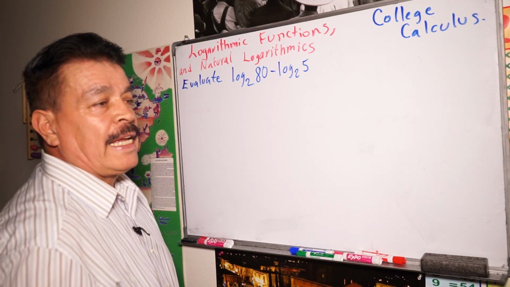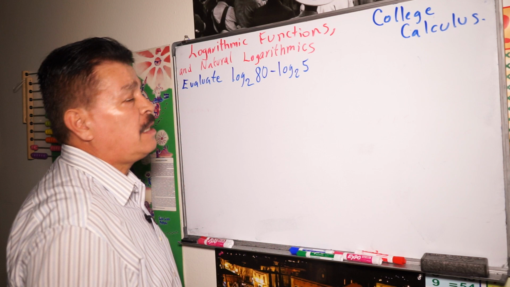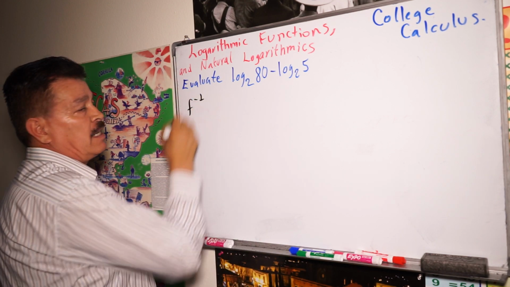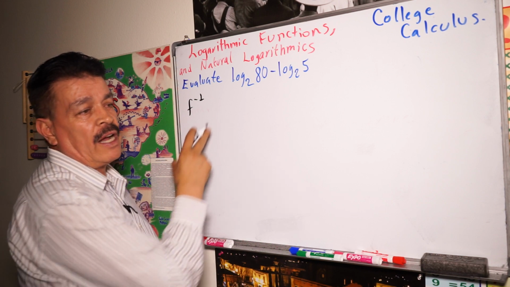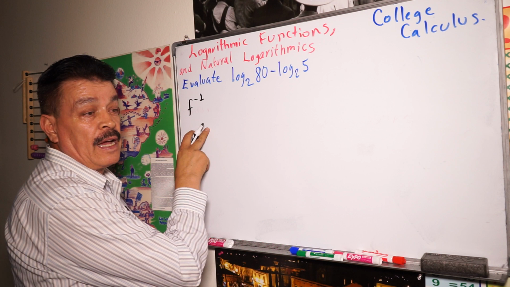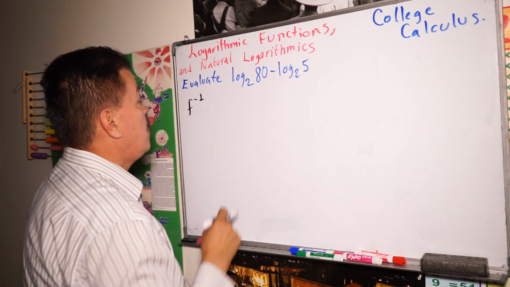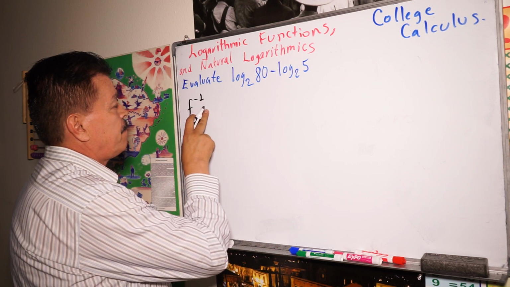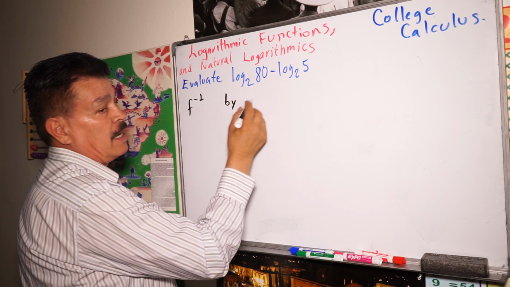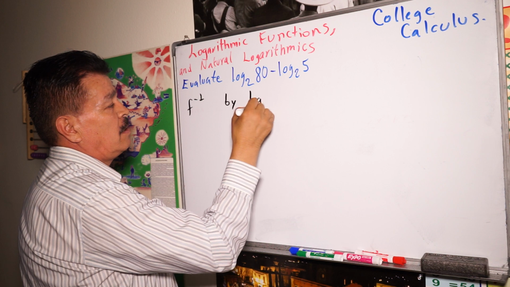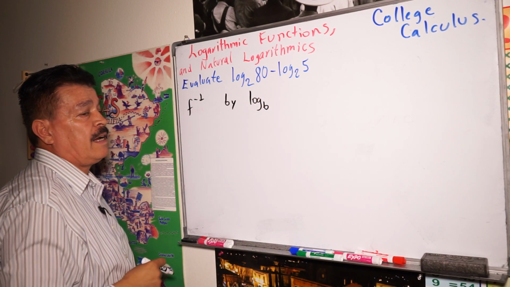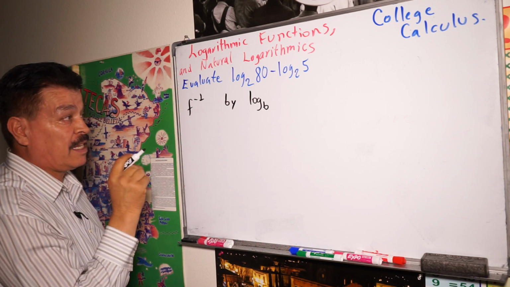First of all, an inverse function, which is called the logarithmic function with base b, is denoted by log b. Okay, so we are going to have some ideas to review.